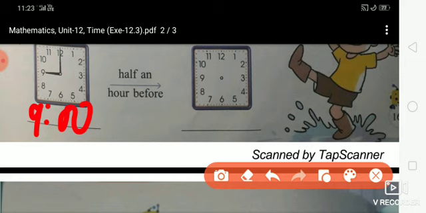The short hand is between 8 and 9, and the long hand is on 6. So the time is 8:30. Okay student, the time is 8:30. Is that clear?